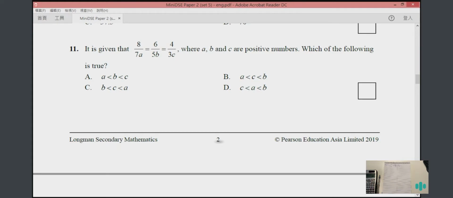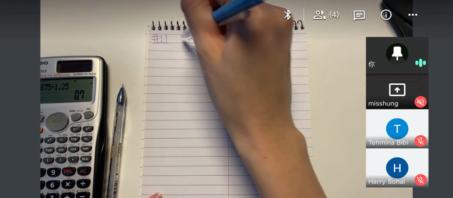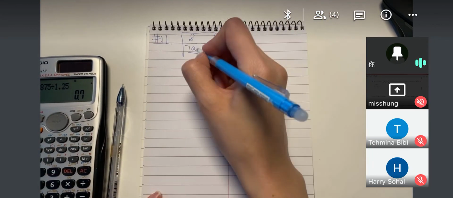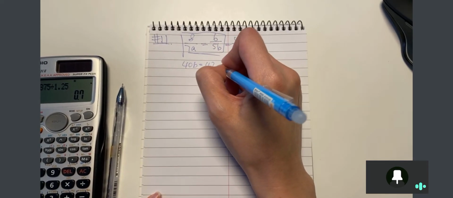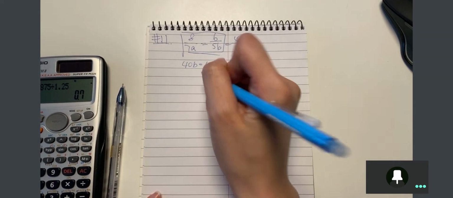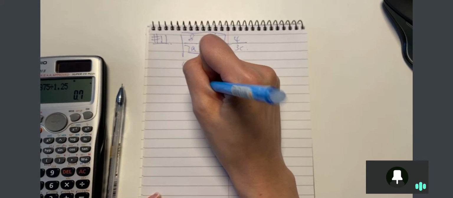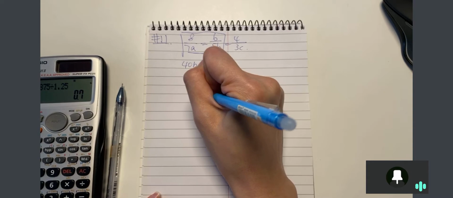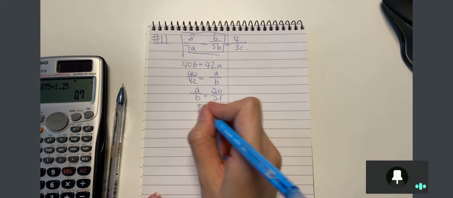First of all, find out the ratio between A and B first. So 40B equals 42A, so A over B equals 40/42. So A over B is 20/21. This is the ratio.